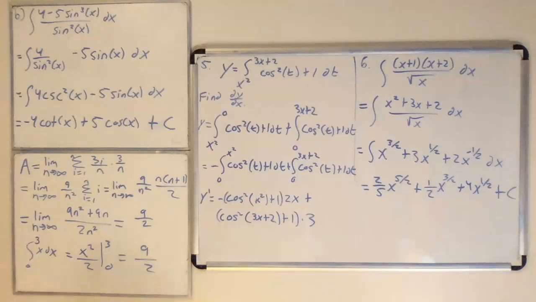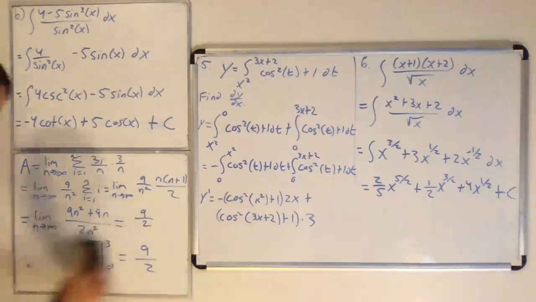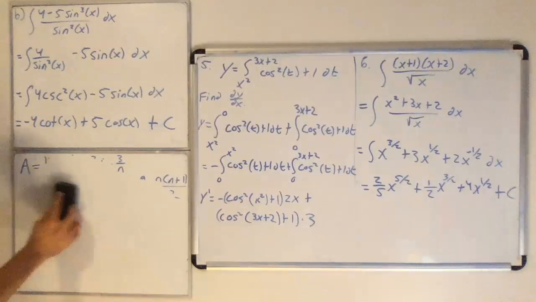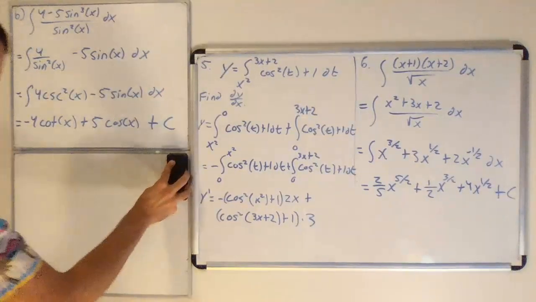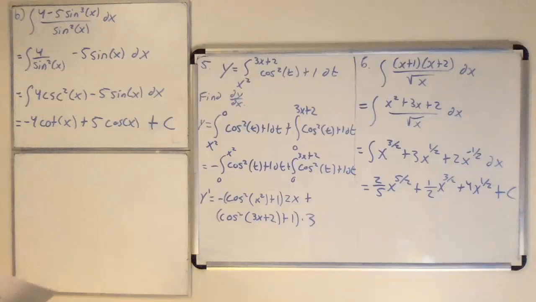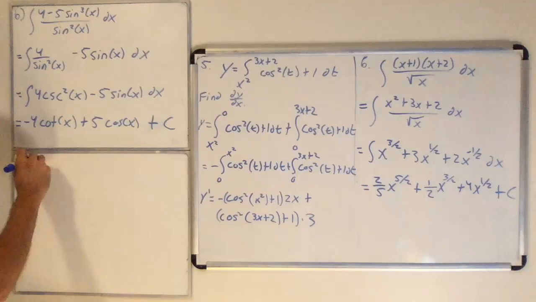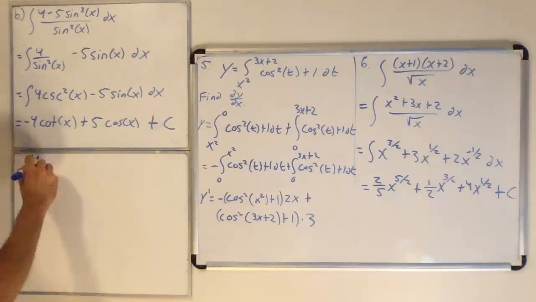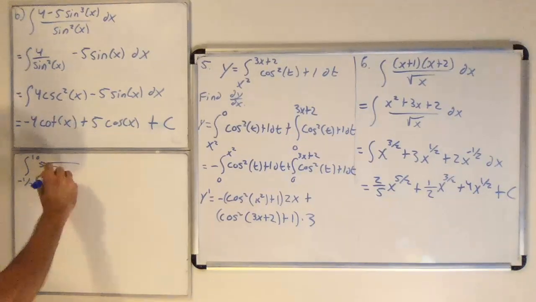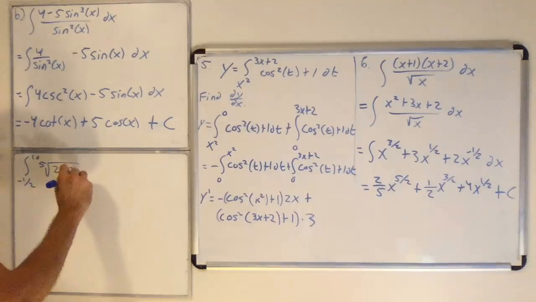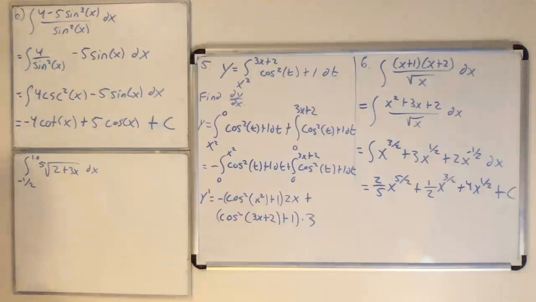And we have one last integral question. Maybe there's more later on in the test. But for this question 6, it's the integral from minus 1/2 to 10 of the 5th root of 2 plus 3x dx.